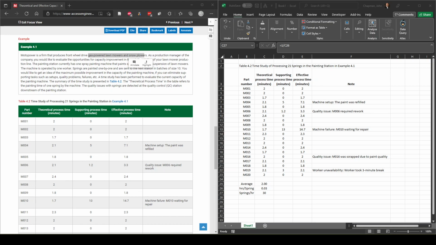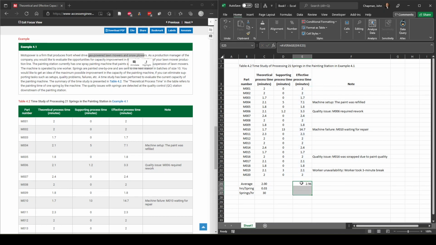Okay, so now that we have our theoretical capacity, the next thing we need to figure out is our effective capacity. What is the effective capacity of this resource? And we'll do a very similar calculation here. We're going to calculate the average effective process time for these parts. Now what's interesting here is I could do the average formula just like we did before, and that would be 2.96.